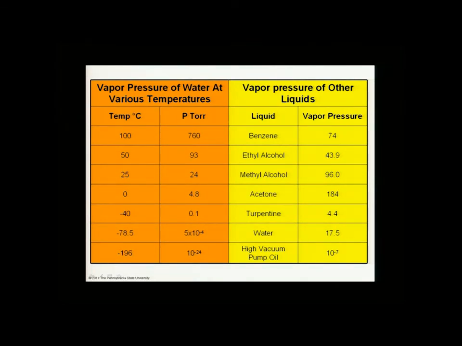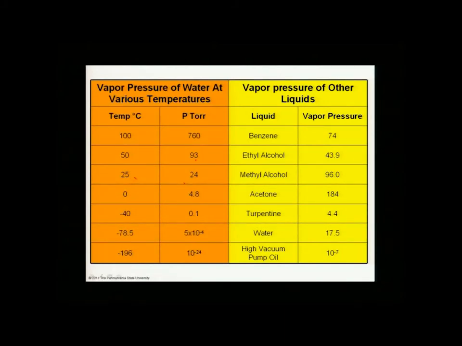That's why it boils off. It's able to overcome atmospheric pressure and come flying off. If you lower the temperature, the vapor pressure drops to this. You come down to close to room temperature, then you see the vapor pressure has dropped to 24 torr. And this is temperature in degrees C.